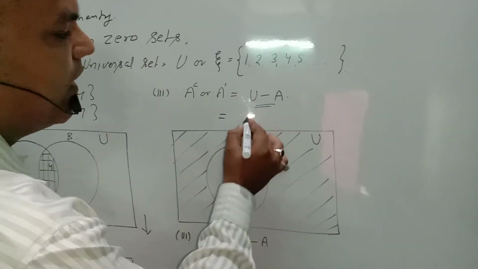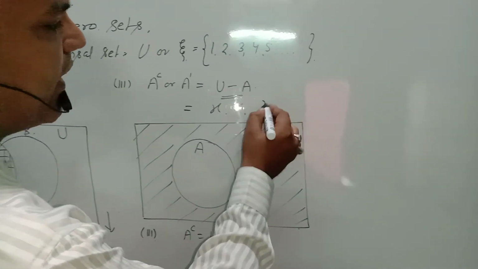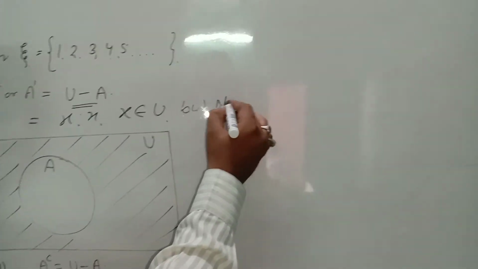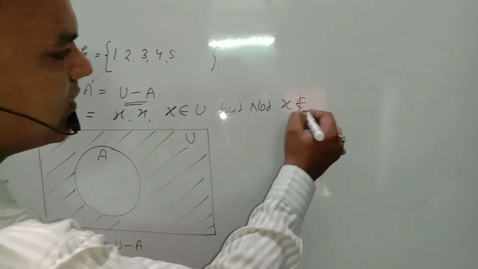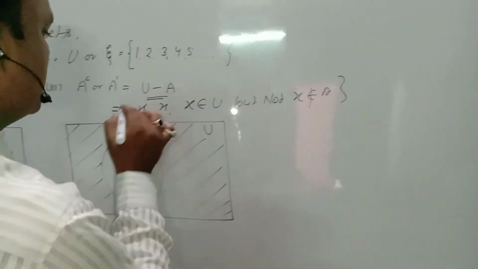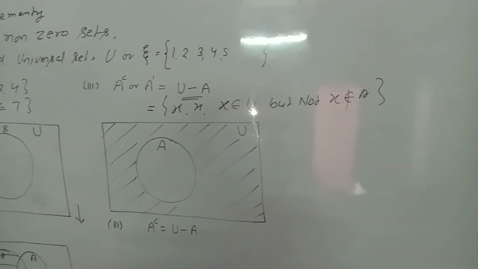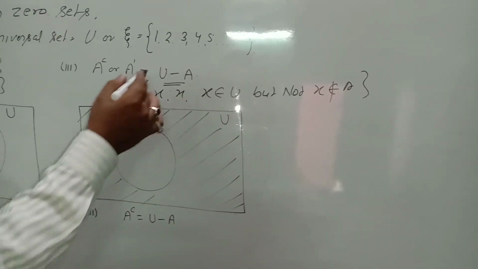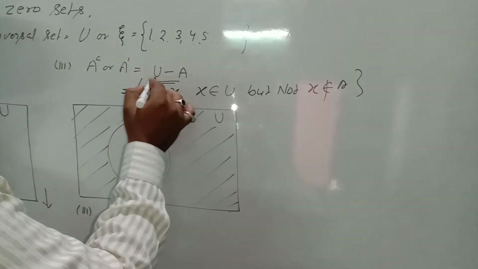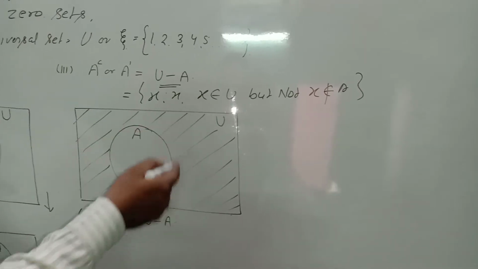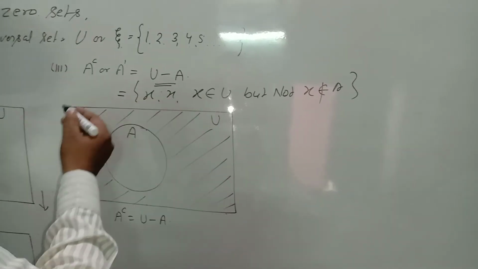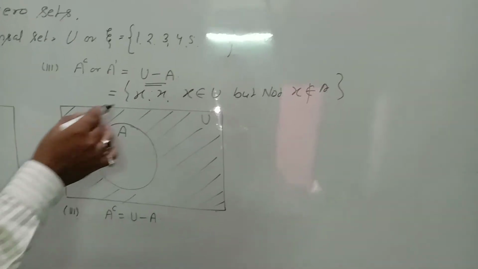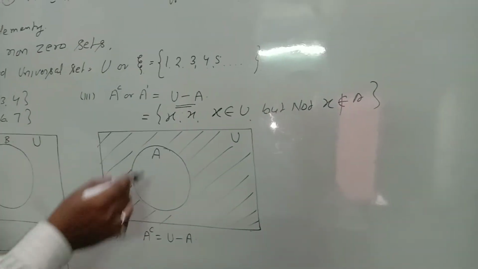Difference means x such that x belongs to U but x does not belong to A. This is the definition of difference. Then the universal set is compared with set A. Set A is blank and the universal set is shaded.